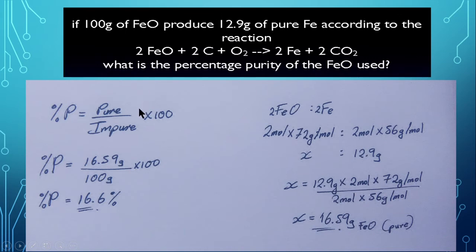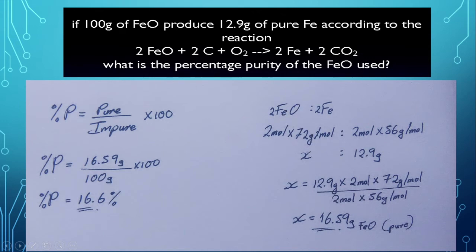So what do we do? We simply calculate using our balanced equation. We work backwards to find the amount of reactant which would give us the 12.9 grams, that is, the amount of iron oxide that would give us the 12.9 grams under ideal conditions.